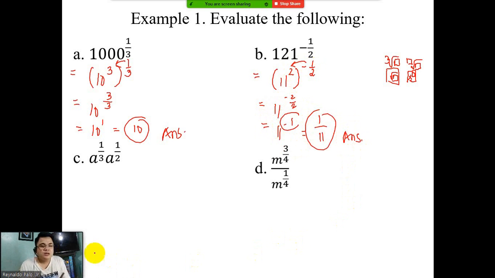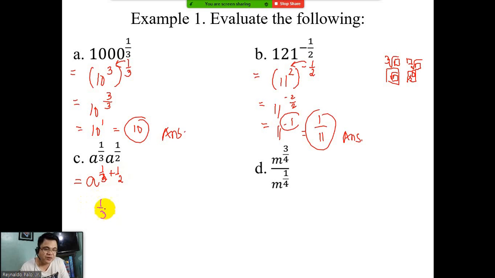Then, letter C, we have a raised to the power of 1/3 times a raised to the power of 1/2. This one is very simple. All we need to do is to apply the multiplication law, by keeping the base and then adding the exponents. 1/3 plus 1/2. But as you can see, the exponents are dissimilar fractions, so we have to make them similar first for us to be able to simplify.